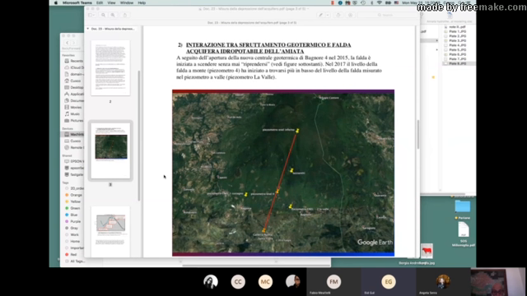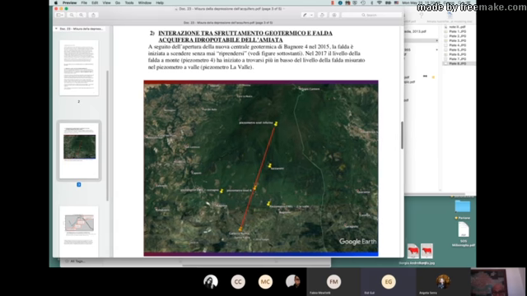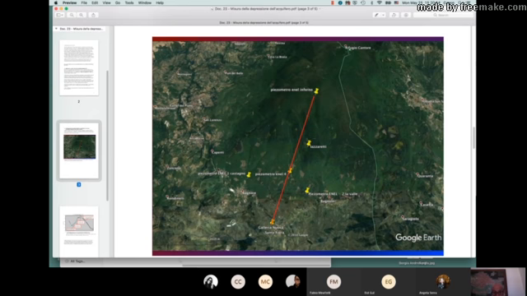Do you see a Google Earth map of Amiata? Yes. So this is Mount Amiata, and in yellow, the pins are piezometers, which measure the level of the water table within the volcano.